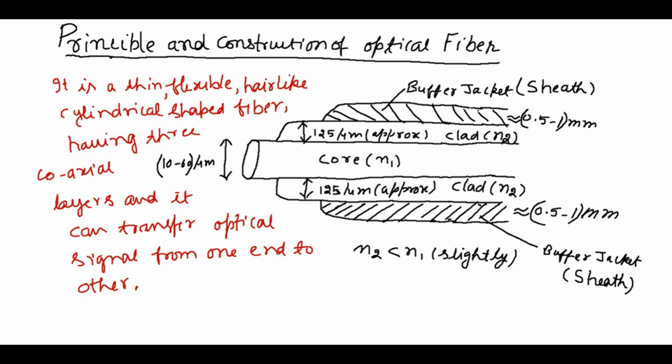So this is the definition of the optical fiber. It is a thin, flexible, hair-like fiber containing three layers. The construction of the optical fiber I have shown in this figure.